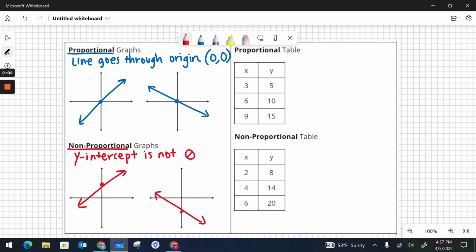In a table, one way that you can tell if something is a proportional relationship is the ratio of y divided by x will be the same for all pairs of numbers.